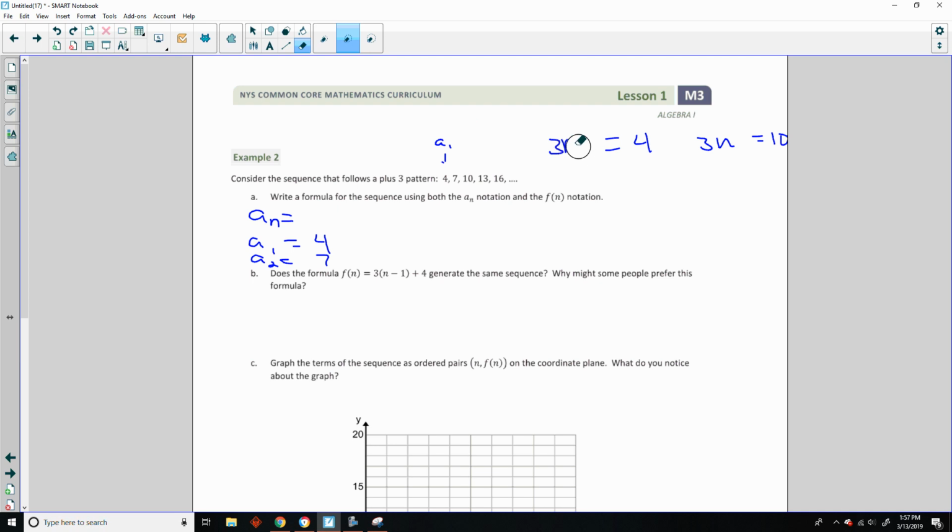Actually, I don't want to put an n in there. I want to put a parentheses 1. And 3 times 1 does not equal 10. But if I take 3 times 1, that's 3, and I add 1 to it, then that's 4. And this is my second term. Well, 3 times 2 is 6. 6 plus 1 is 7.